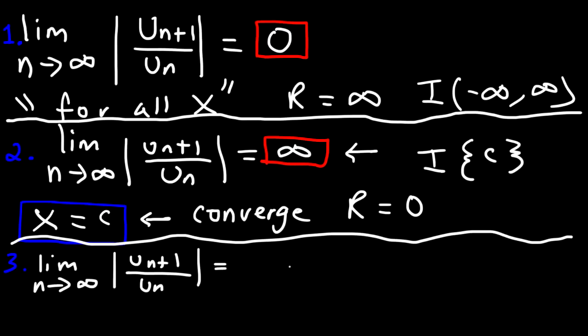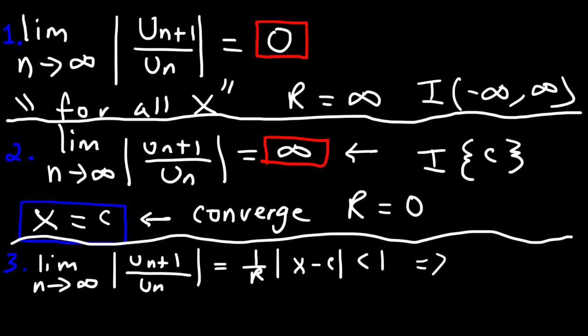Typically, it's going to look something like this: 1 over r, absolute value of x minus c, which is less than 1. So it's going to vary, but c could be 4, c could be 0, so you may just see an absolute value of x. R could be anything, it could be 1/2, it could be 2, but usually in this format. And once you get to this point, you want to multiply both sides by r.